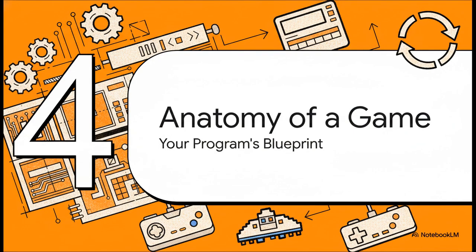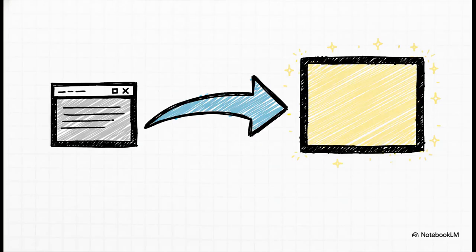So let's break down the basic blueprint. This is like the foundational recipe, the sort of magic spell you're going to cast for almost every single Pygame program you write. And we're going to start with the classic hello world, right? Every programmer starts there. But we're giving it a Pygame twist. We're not just going to print some text to a console. No, we're going to create an actual real window on our computer screen.